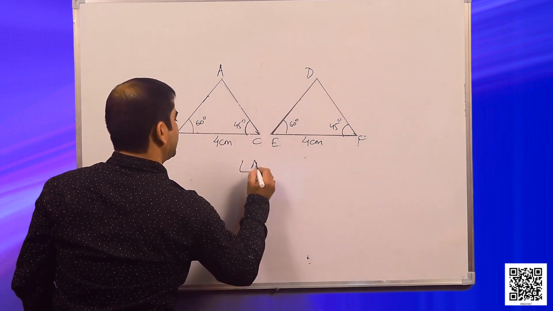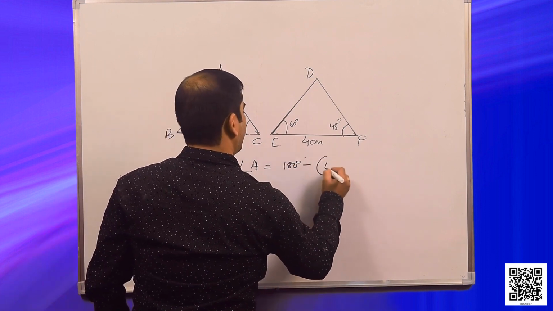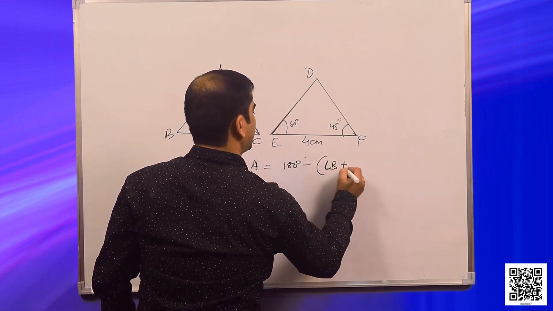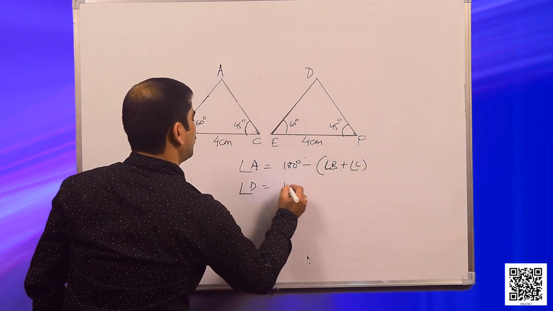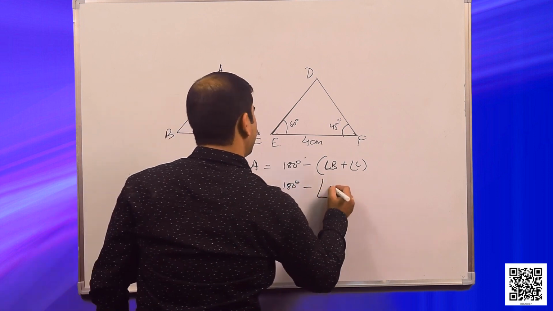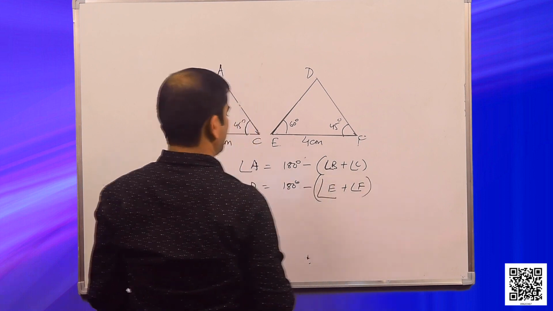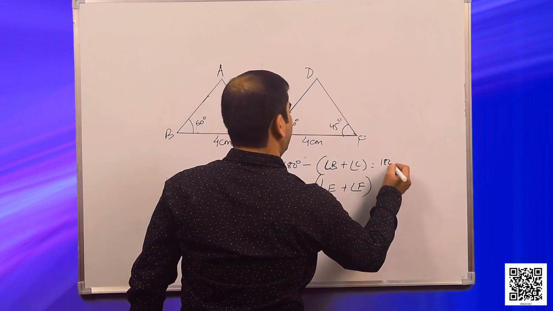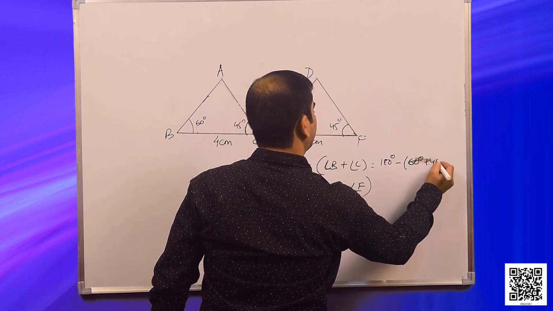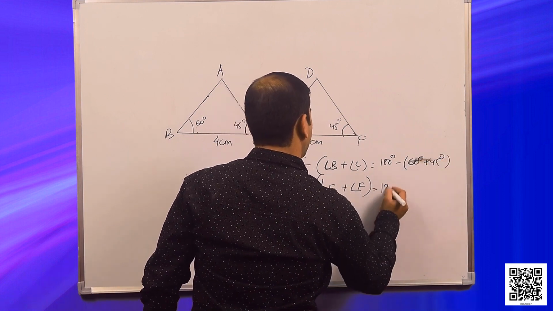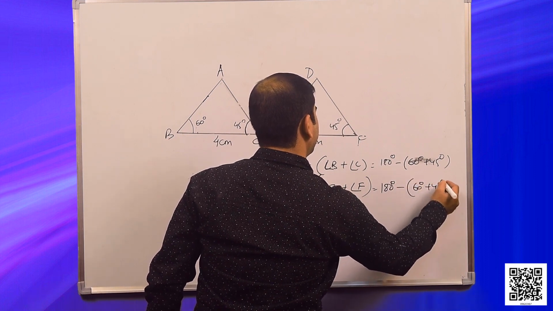Angle A is nothing but 180 degree minus sum of angle B plus angle C. Same way, angle D is equal to 180 degree minus angle E plus angle F. That is 180 degree minus 60 degree plus 45 degree.